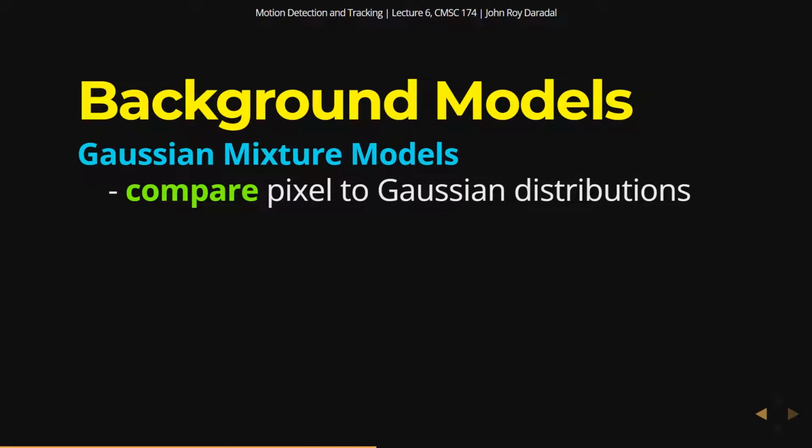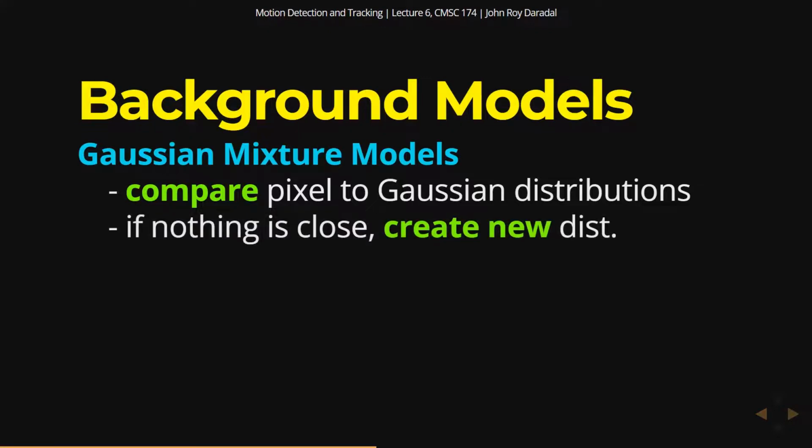When we actually use the Gaussian mixture model, we compare each pixel to the Gaussian distributions. Can you match this Gaussian distribution? If not, go to the next one. If not, go to the next one. If nothing is close, then you create a new distribution, because maybe this is a new part of the background model.